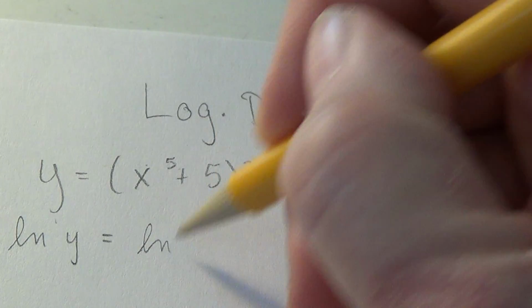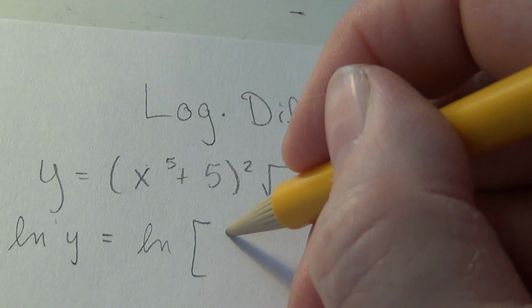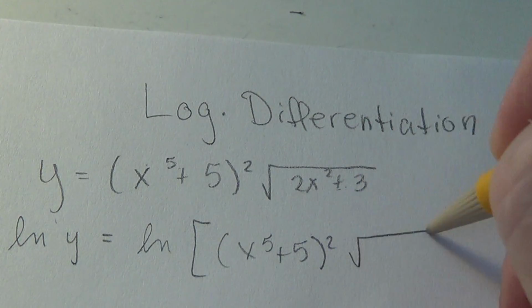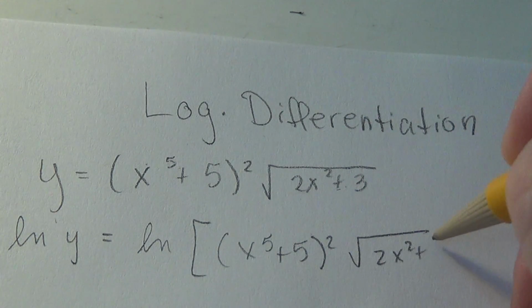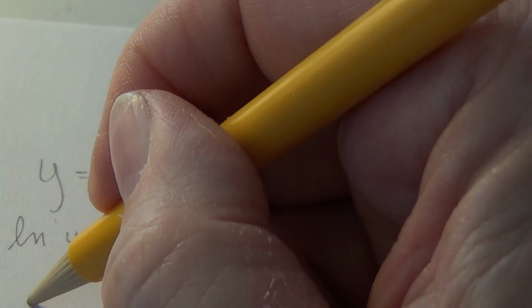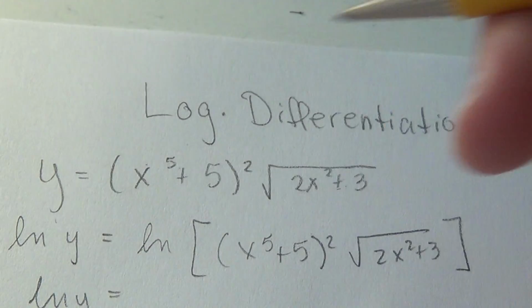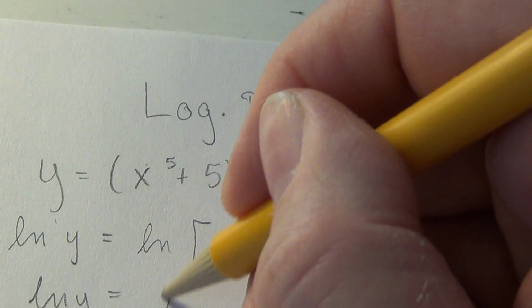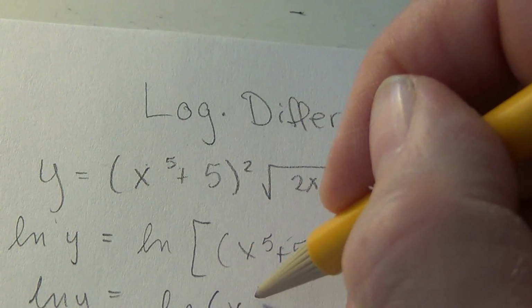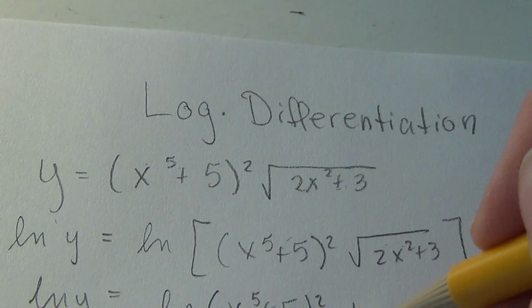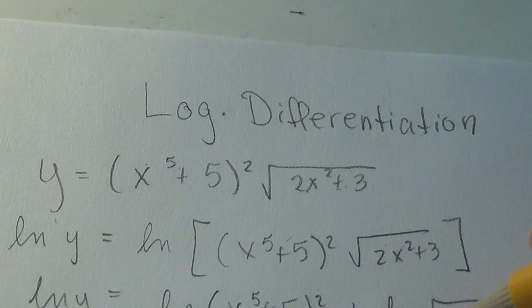And when I take the ln of this side, it allows me to break this down into something more manageable. Here's a product, so I'm going to do the ln of the first expression plus the ln of the second expression.